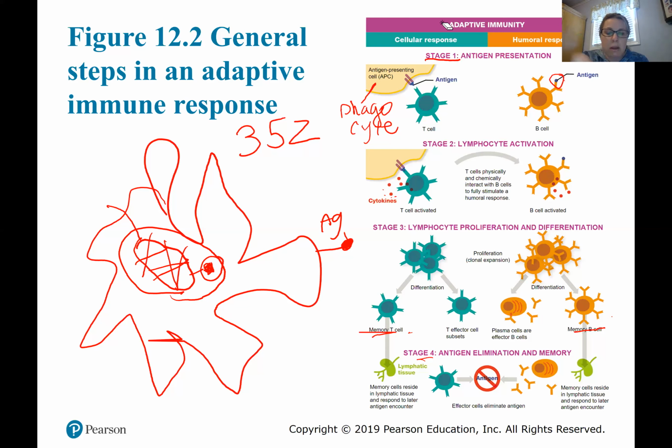It's basically waving the red flag like, hey, I found E. coli right here. This guy is foreign. Here's his antigen. Somebody come and help clear out this bacteria, because where there's one, there's going to be more. So the antigen presenting cell, which is a phagocyte, part of the innate immunity, see how they're working together?